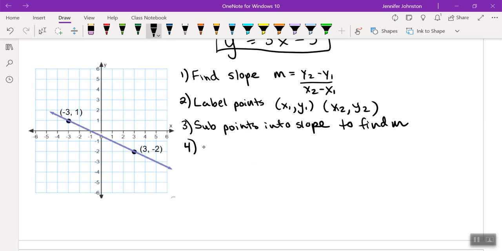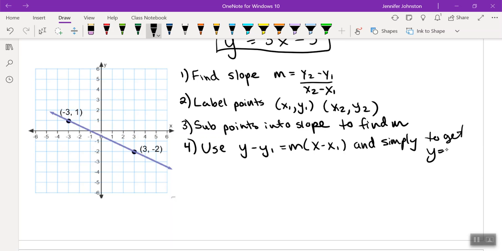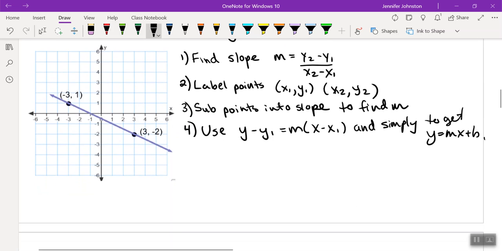Number 4, then you're going to use your y minus y1 equals m times x minus x1 and simplify to get your y equals mx plus b. Right, let's go ahead and try that.